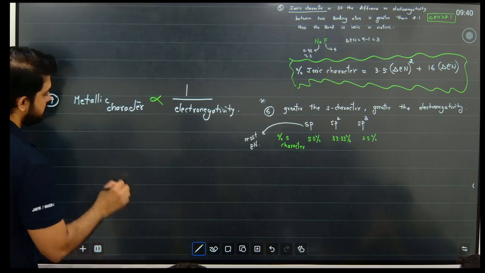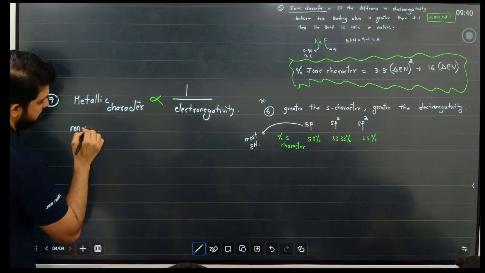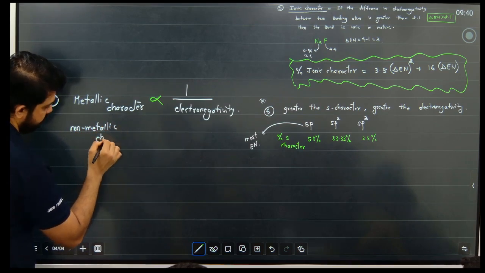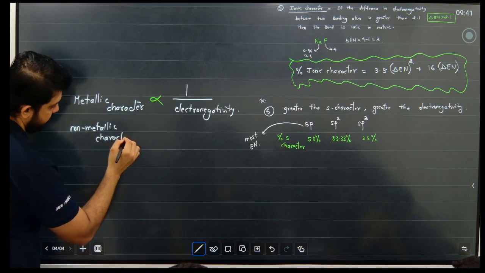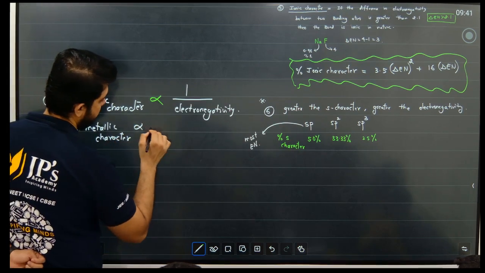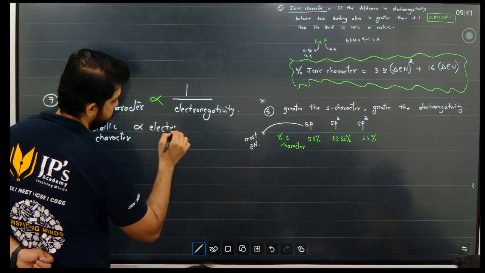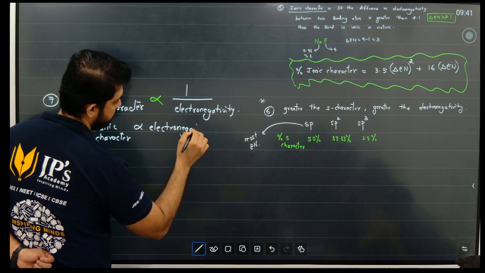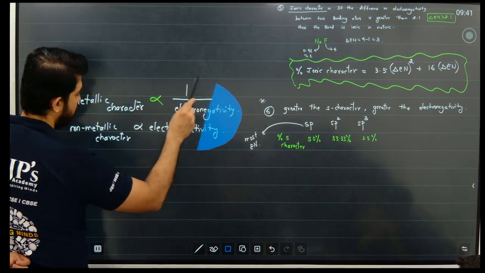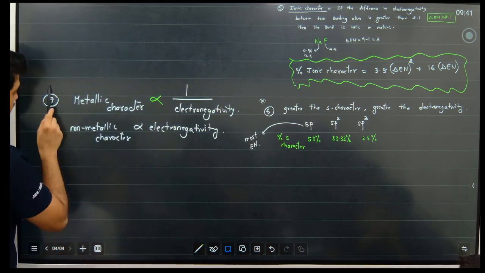And what will the relation be between non-metallic character and electronegativity? It will be directly proportional. जितना ज्यादा electronegativity उतना ही ज्यादा non-metallic character.